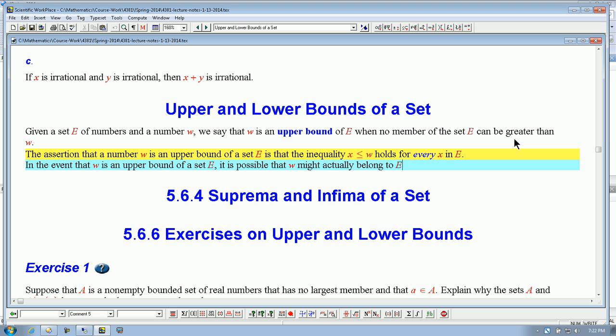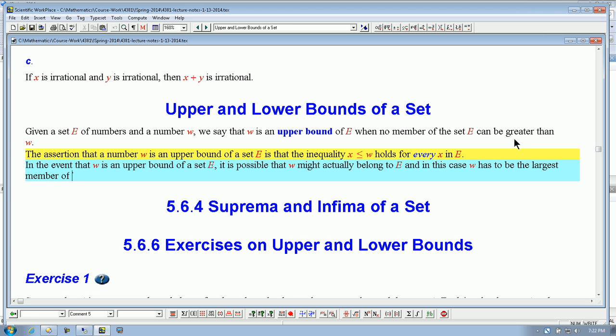W would be a member of E less than or equal to itself. You see? And in this case, W has to be the largest member of E. Is that a reasonable idea?